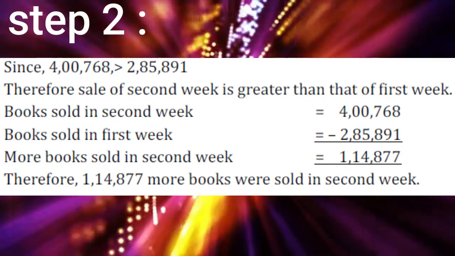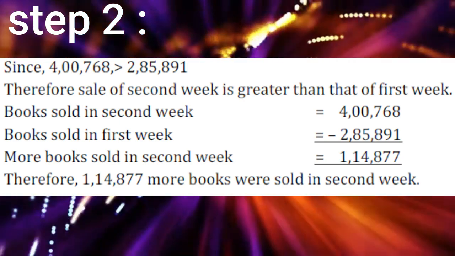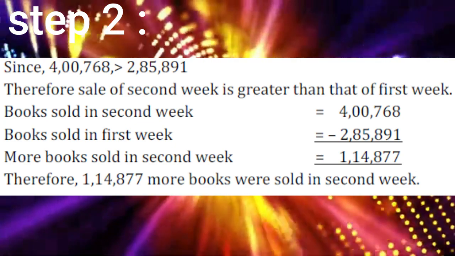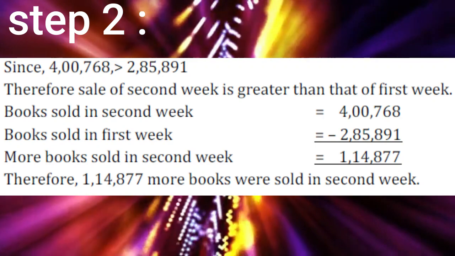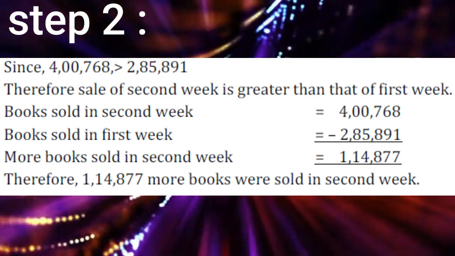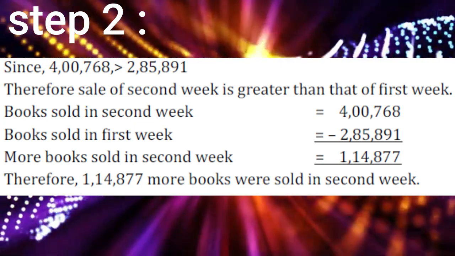Okay. And the other part of the second question is, by how much is the sale greater? So, here again we need to work out the difference between these two numbers. As we know that 4 lakh is greater than 2 lakh, so that has to come first.